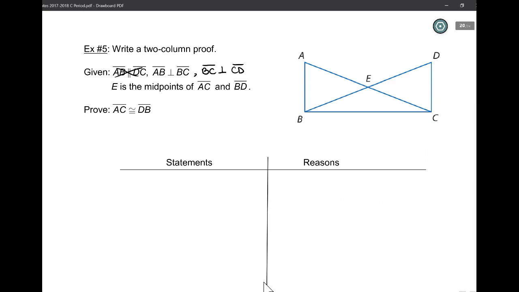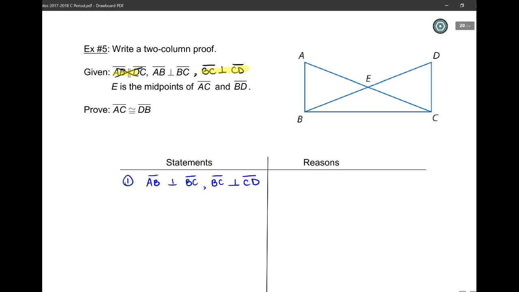Okay, so for our next proof, two quick changes. I would like you to cross off the parallel part and add this perpendicular statement. Okay, so in this proof, we have AB is perpendicular to BC, and we have BC is perpendicular to CD.